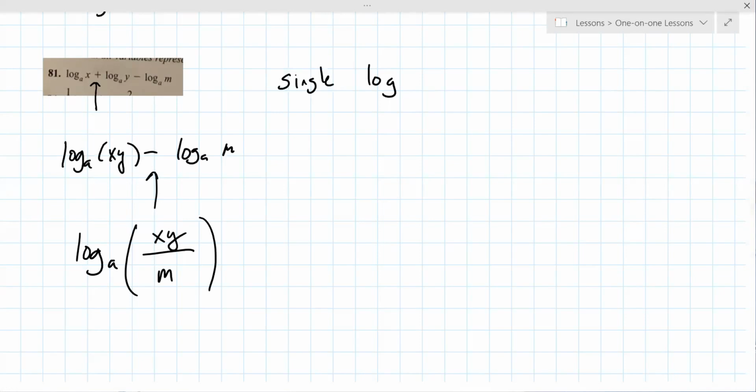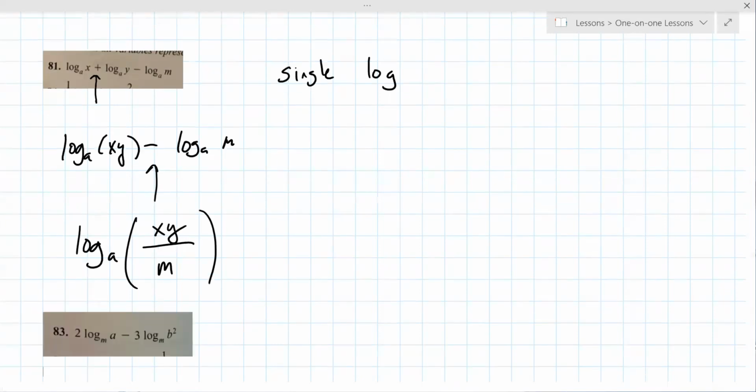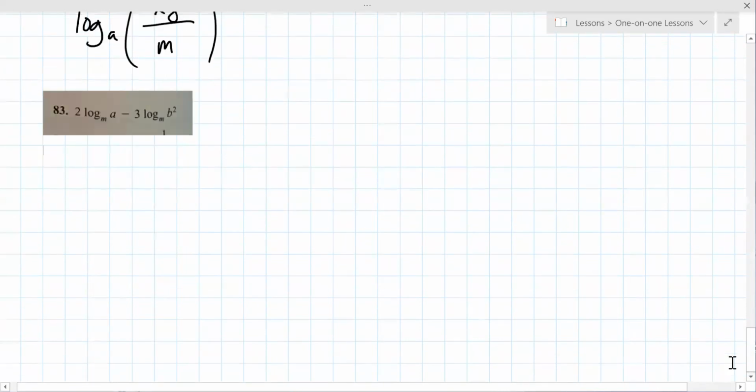All right. Next is 83. So I can rearrange this right off the bat to log m a squared minus log m b.